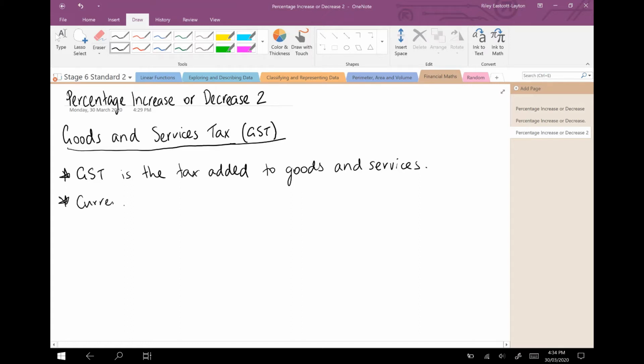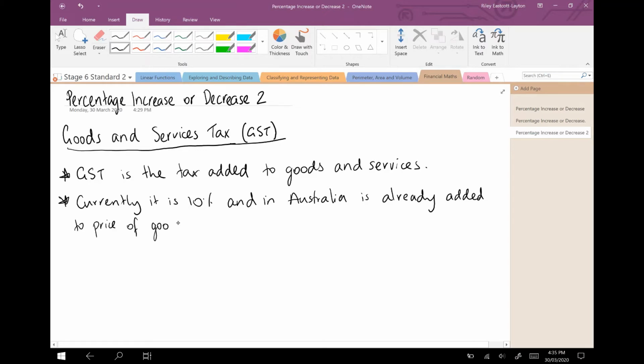Currently it is 10%, and in Australia it is already added to the price of goods and services. In other countries, they don't always account for it.